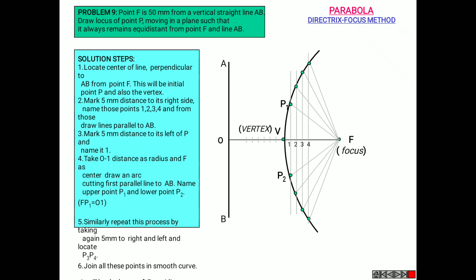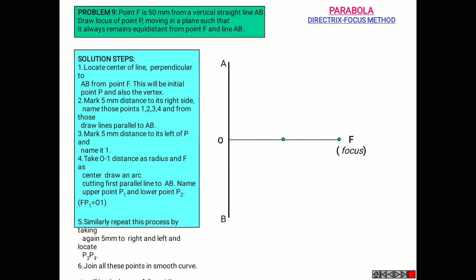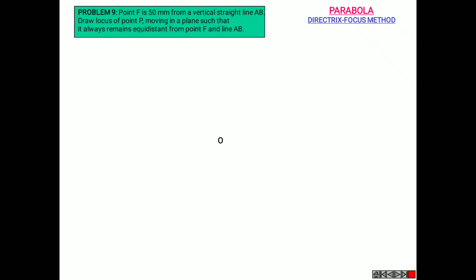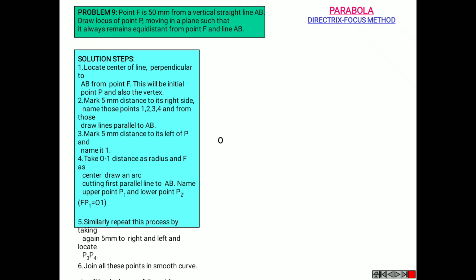So is it clear? Okay, I'll just show you the diagram once again. Firstly you need to make a vertical line AB, which is called the directrix, and from the center you draw a horizontal line of 50 mm.